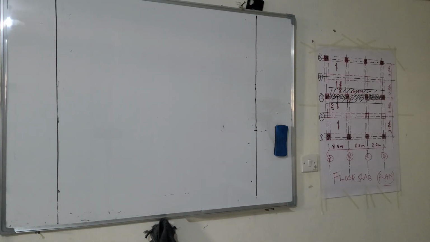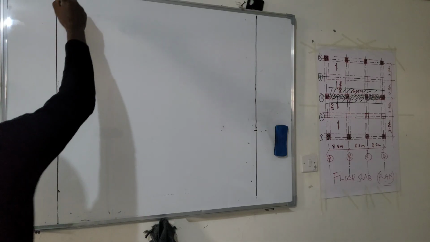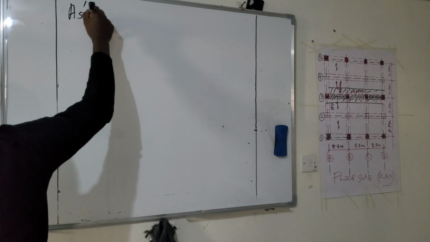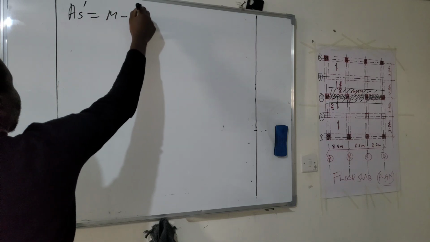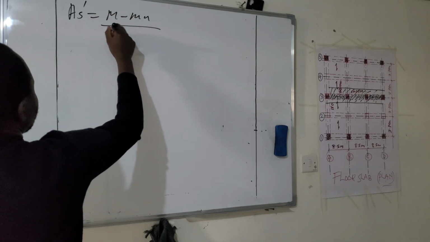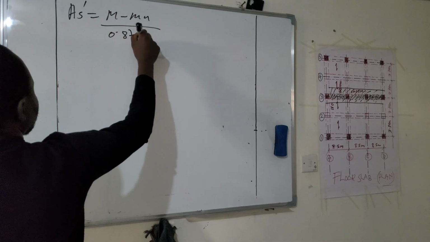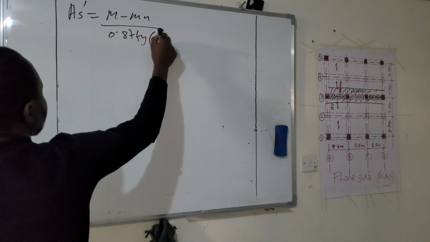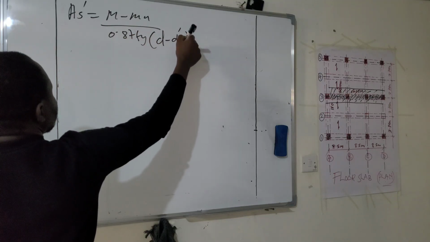So the area of compression steel bars is equal to M minus Mu over 0.87 Fy times D minus D prime.